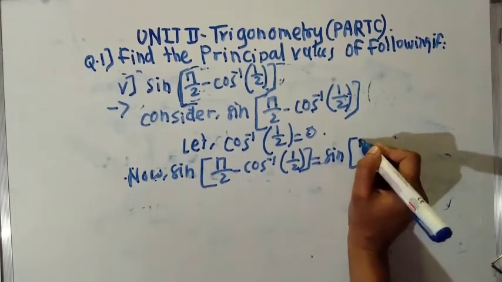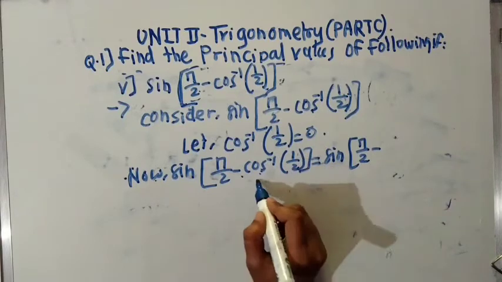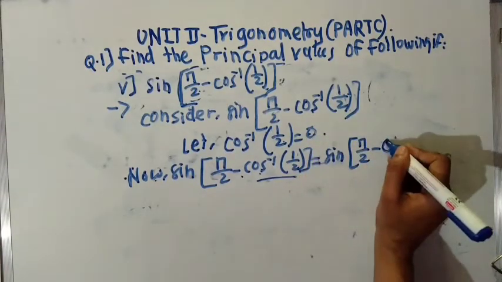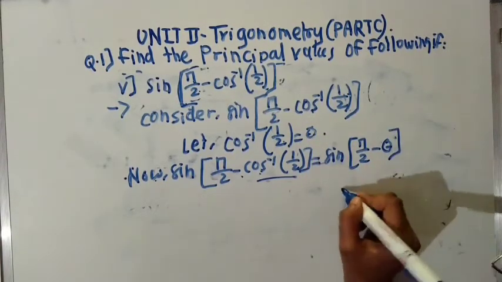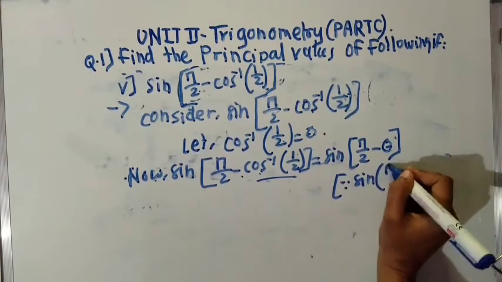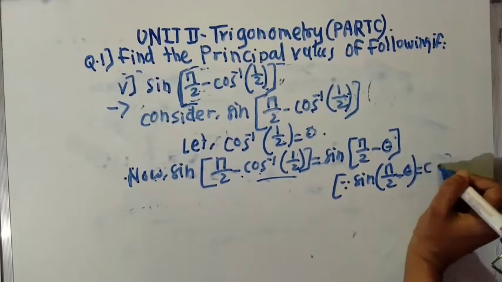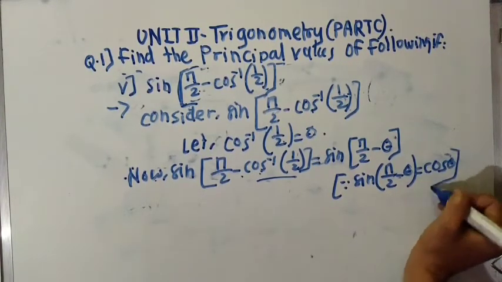sine of pi by 2 minus theta, since cos inverse of 1 by 2 is theta. But sine of pi by 2 minus theta is equal to cos theta.